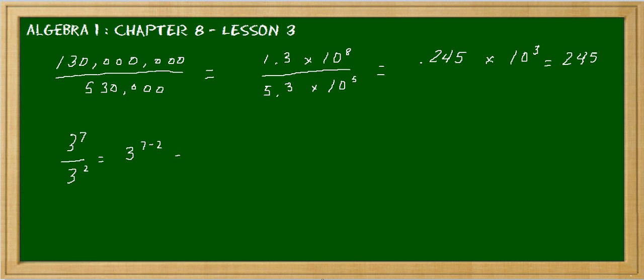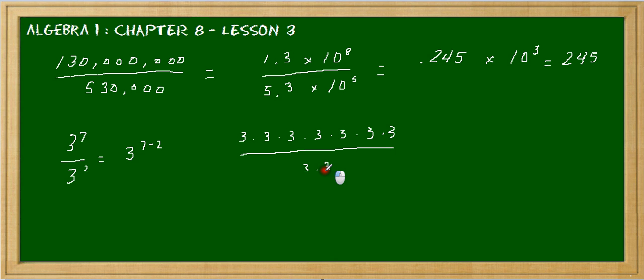But let's take a look. Why is it so? Well, if we were to just simply follow 3 to the 7th, we would have 3 times 3 times 3 times 3 times 3 times 3 times 3, right? That's 1, 2, 3, 4, 5, 6, 7. And we're going to divide that all by 3 times 3.